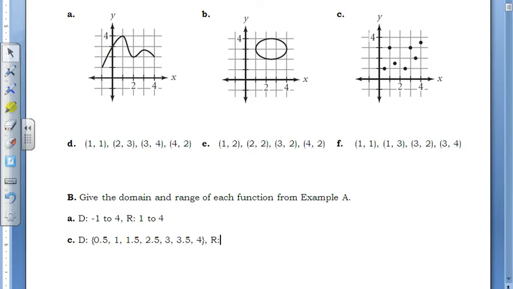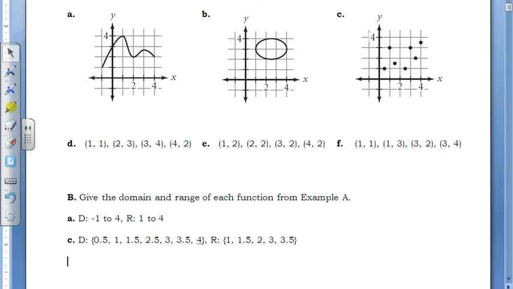The range, following the same idea, would be 1, 1.5, 2, 3, and 3.5. Now notice there's more values in the domain than the range, and that's fine. Domain x's cannot repeat, that's why I have a domain value for every single point. Range values are allowed to repeat, so I had 2 1s and 2 3s.